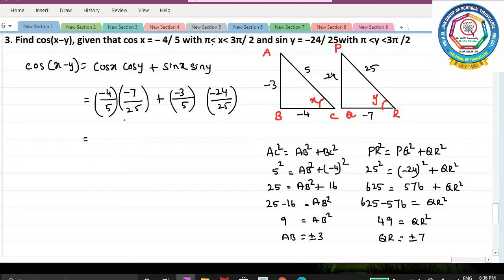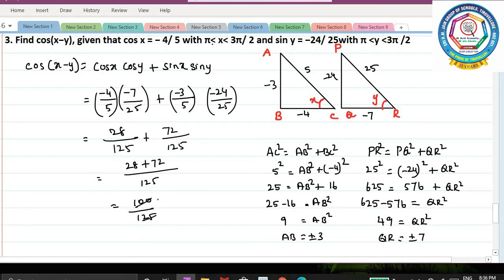Minus into minus is plus, 4 7s are 28. 5 into 25 is 125. Minus into minus is plus, 24 into 3 is 72 by 125. Both denominators are equal, so you can add the numerators directly. 28 plus 72 is 100. 100 by 125, we use the 25 table, 4 times, 5 times. So the answer is 4 by 5. Therefore, cos of x minus y equals 4 by 5.